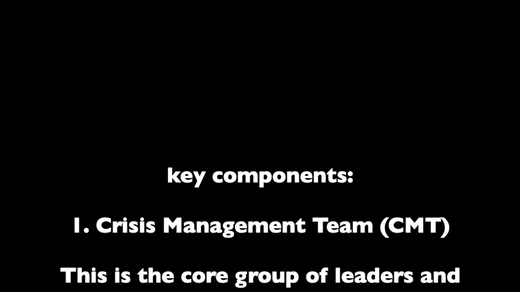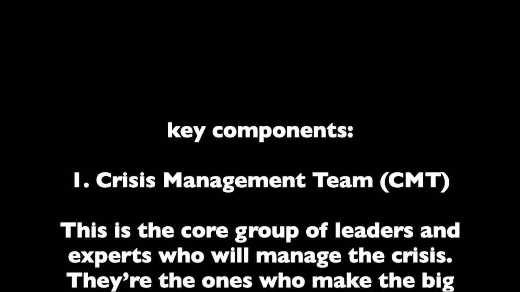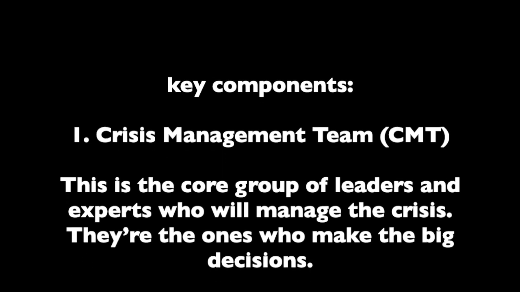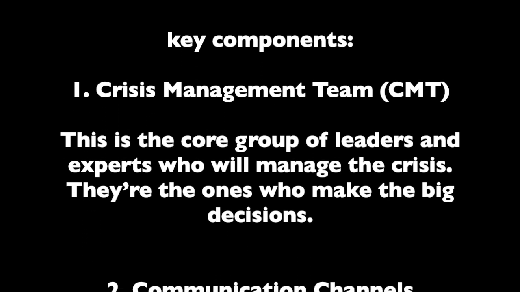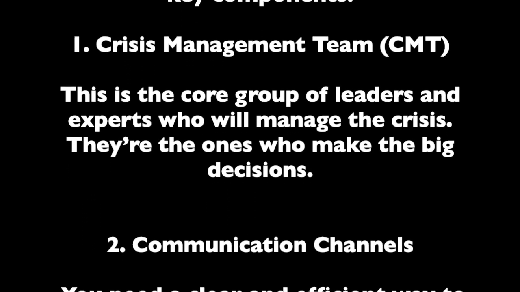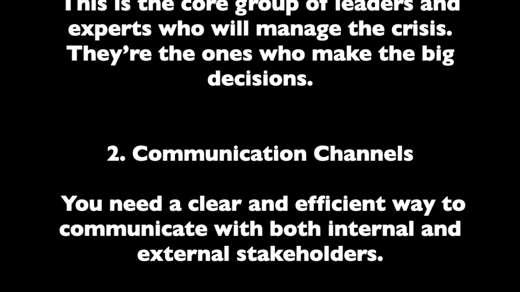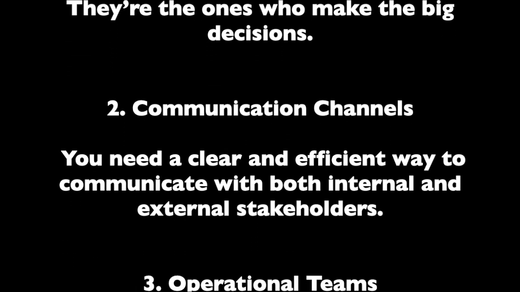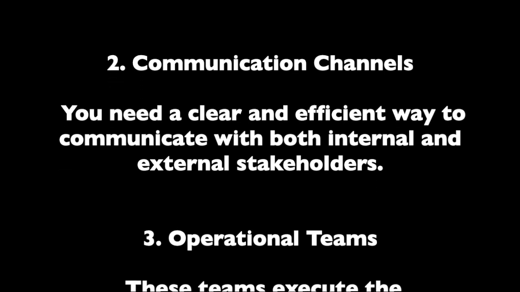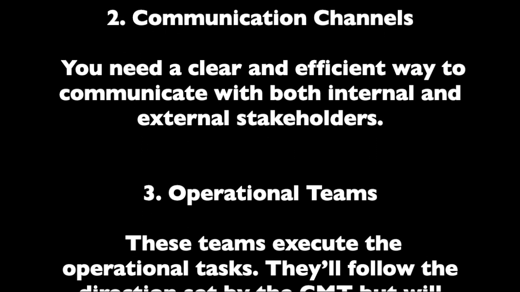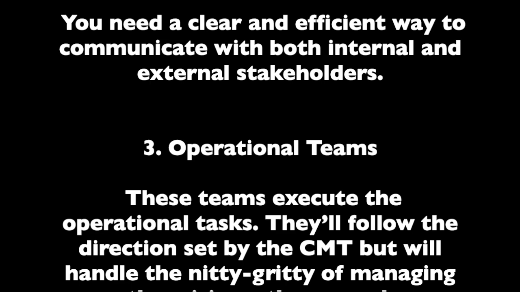1. The Crisis Management Team, or CMT. This is the core group of leaders and experts who will manage the crisis. They're the ones who make the decisions. 2. Allocated communication channels. You will need a clear and efficient way to communicate with both internal and external interested parties. 3.